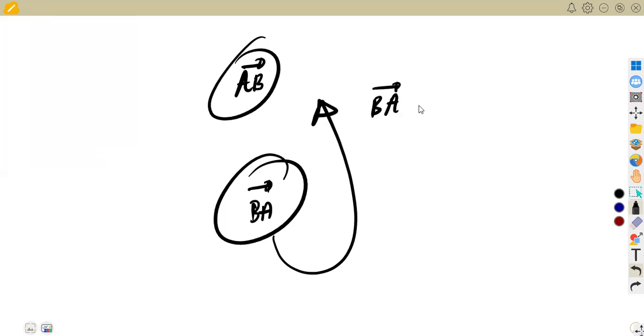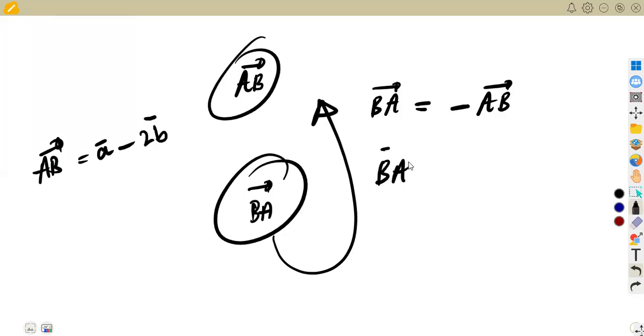Vector BA is equal to the minus of vector AB. Meaning to say, if our vector AB is given as A minus 2B like this, therefore vector BA is going to be what?